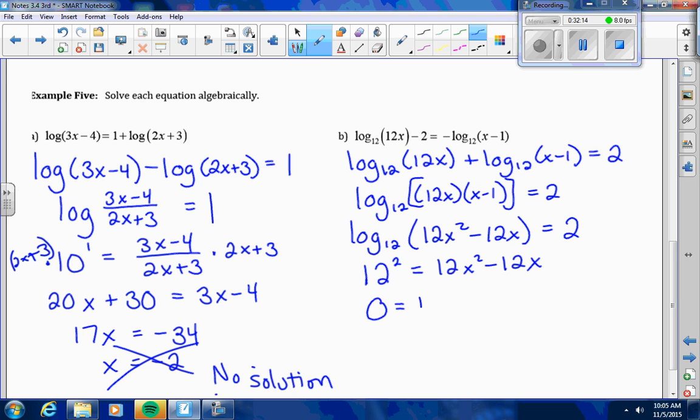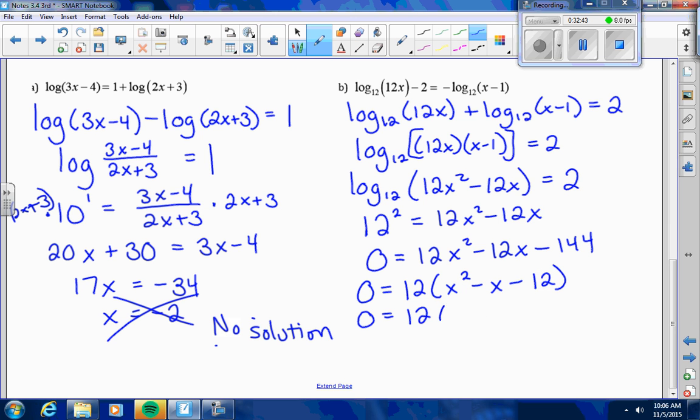So 0 equals 12x squared minus 12x minus, and what is that 12 squared? 144. Does that have a common factor? Yes, 12 is a common factor, so I'm going to pull it out. So that's 12 times x squared minus x minus 12.